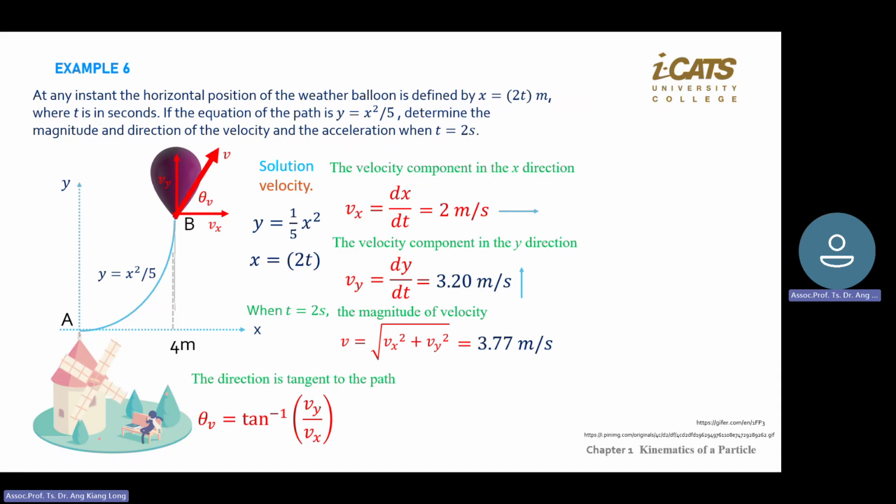So you can find the angle. This is your x, this is your y, this is your Vy, Vx. This is the origin, so theta is here. So this is a right-angled triangle.